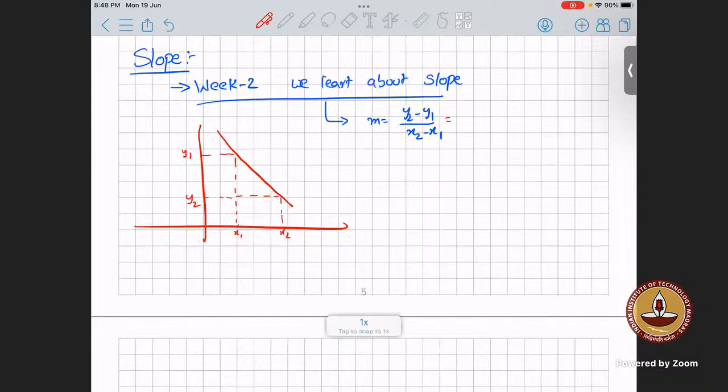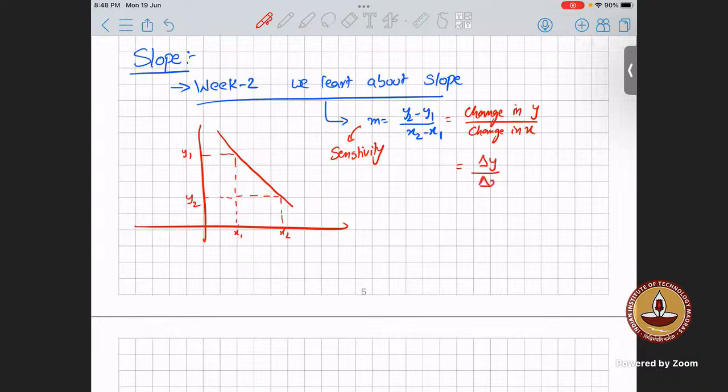So sometimes you can tell us a change in y by change in x. Sometimes it is also known as sensitivity. Look, in calculus we will define del y by del x.